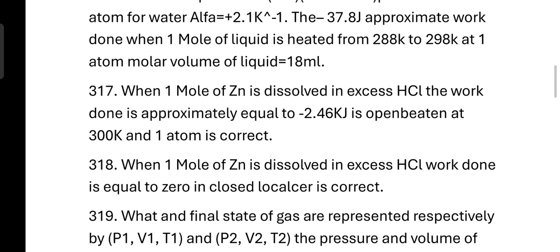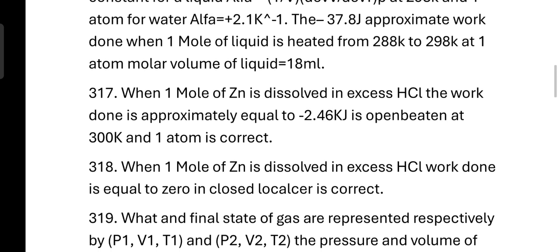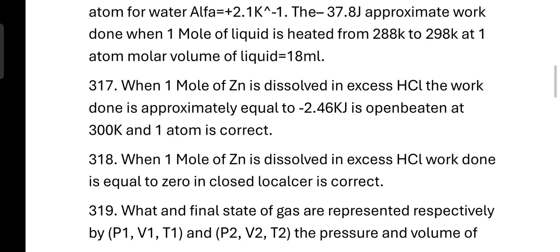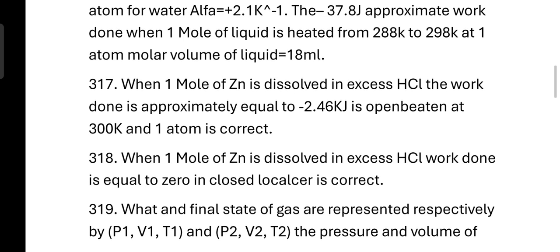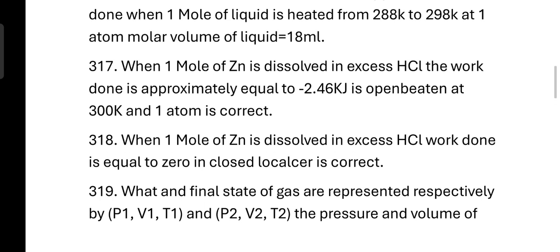Alpha is equal to plus 2.1 Kelvin inverse. The work done is approximately minus 37.81 when 1 mole of liquid is heated from 288 to 298 Kelvin at 1 atm.